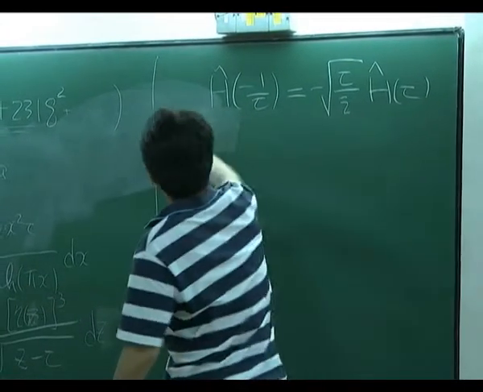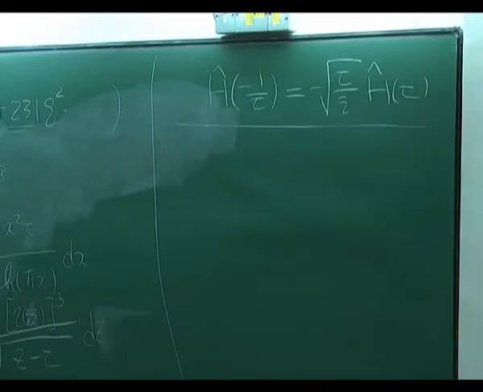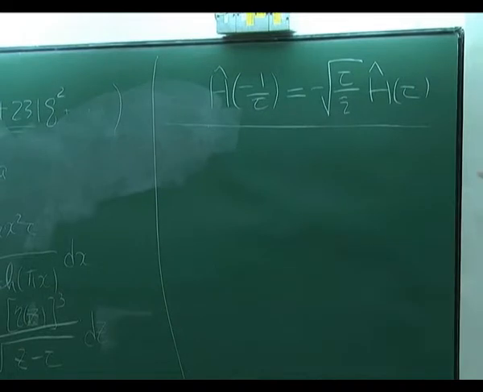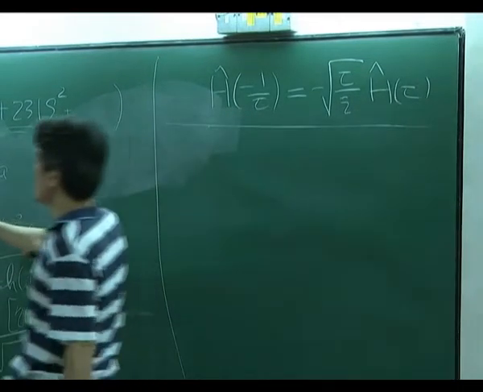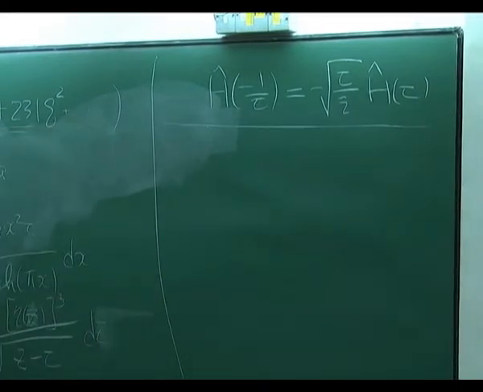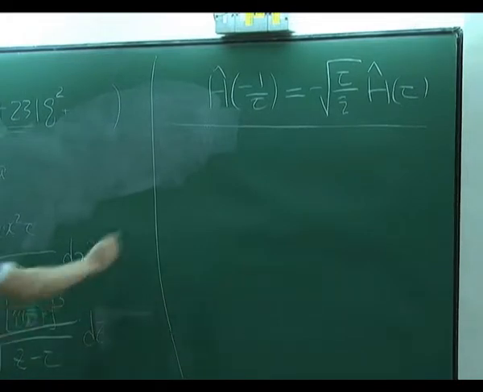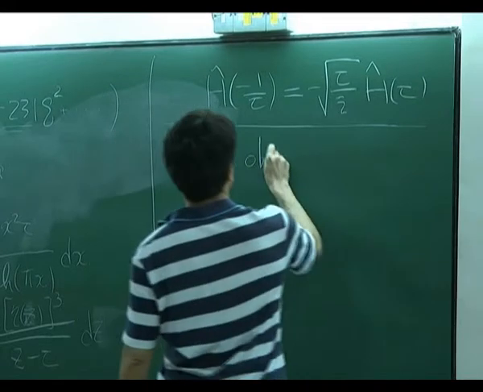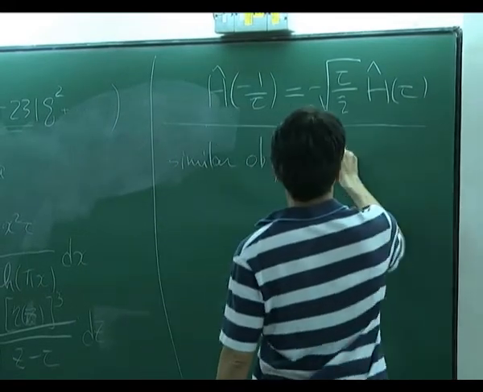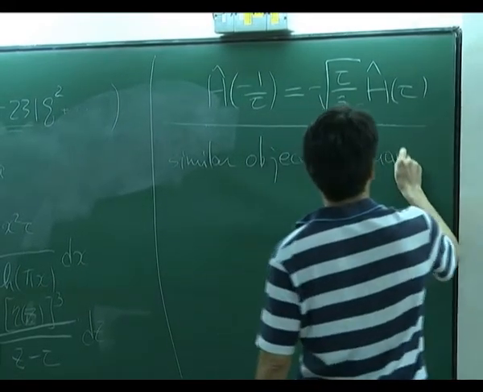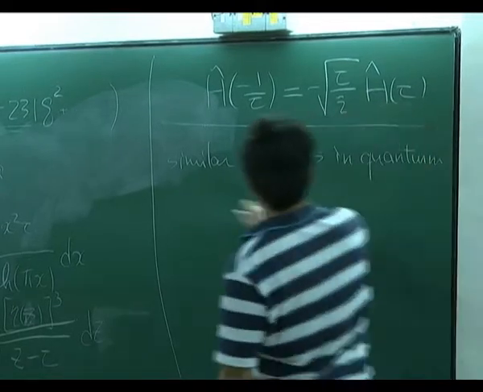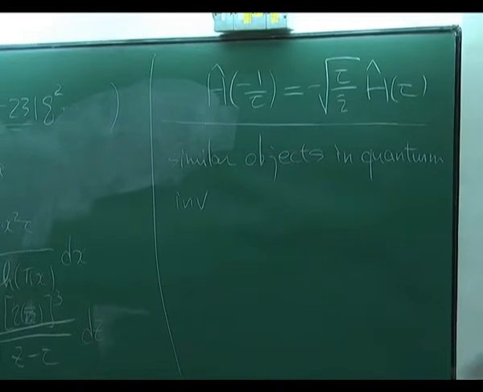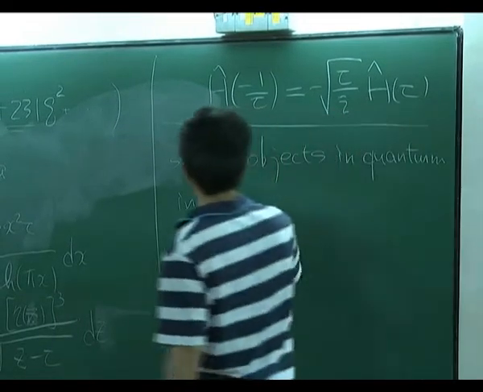So this is one of mock theta functions, and my topic here is to claim that similar objects with this H function appear in quantum invariants, I mean the quantum invariants of knots or three-manifolds.